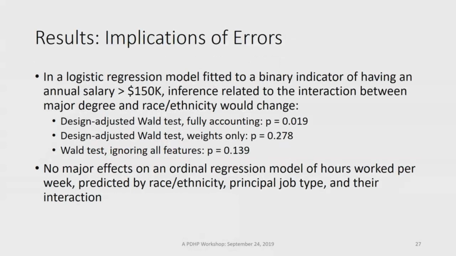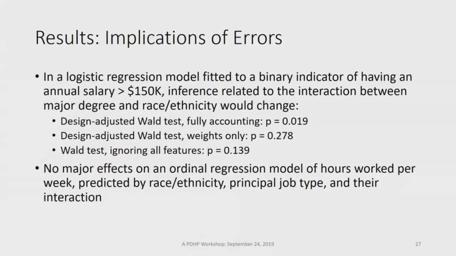What happens if you ignore every feature? Same conclusion. So people might think that this is important, but if they ignore the features and don't get the benefits of the bias correction due to the weighting and the stratification, you arrive at completely different conclusions in these regression models of substantive interest. So in this case, the weights were informative about this relationship, and the stratification helped in terms of the precision of this particular estimate.